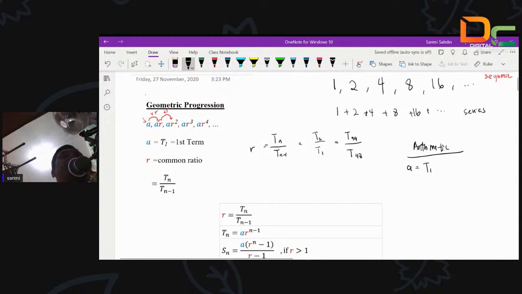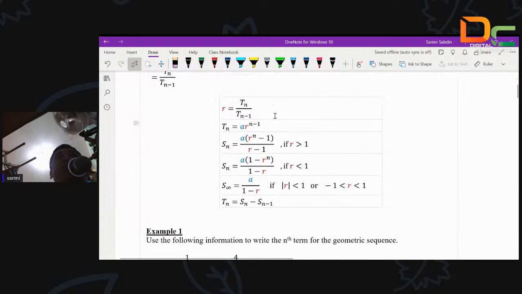So the same with the geometric progression, we also have the first term. But the difference between arithmetic and geometric is that the geometric sequence has a common ratio, while for arithmetic, we have a common difference, which is D. So that's the difference between geometric and arithmetic progression.